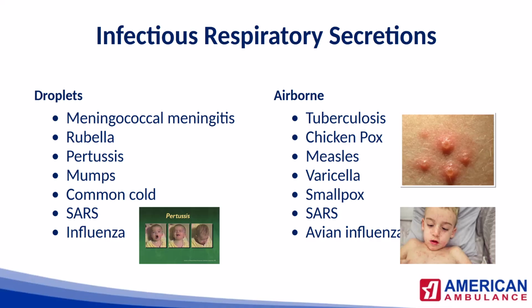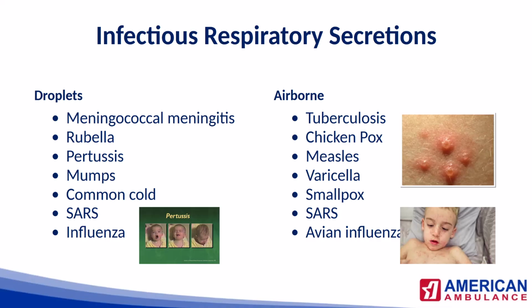Now, airborne-type infections, such as tuberculosis, chickenpox, measles, varicella, smallpox, and avian influenza, are diseases that spread primarily through tiny respiratory droplets or aerosols that can remain suspended in the air for extended periods.